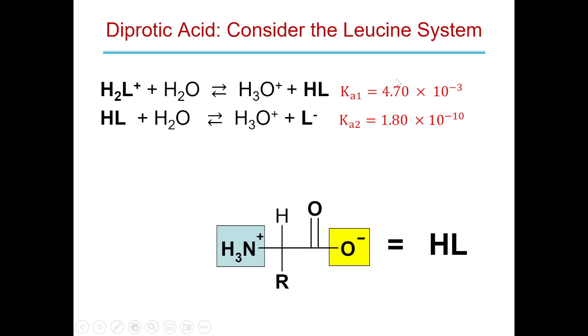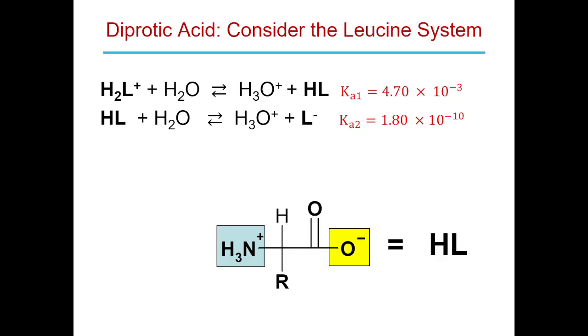Again, if you have a diprotic system, you're going to lose one proton. That first proton will have a Ka that is a larger number than the second one, right? Because it'll lose it easier. It is a stronger acid. Losing the second proton will be much more difficult. Typically, it's something around a 10 to the negative 6, like a factor of a million difference.